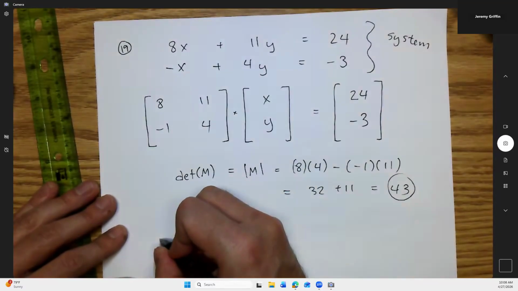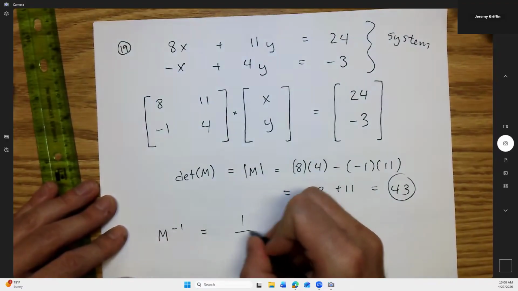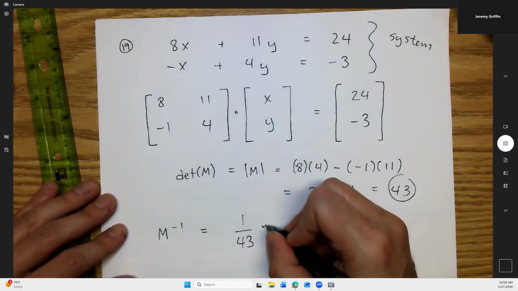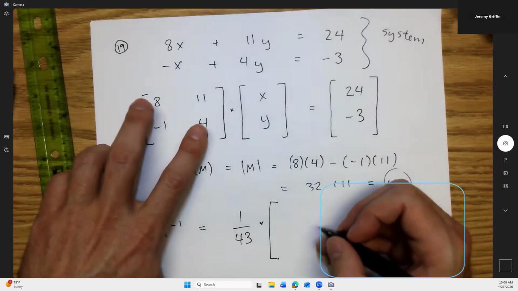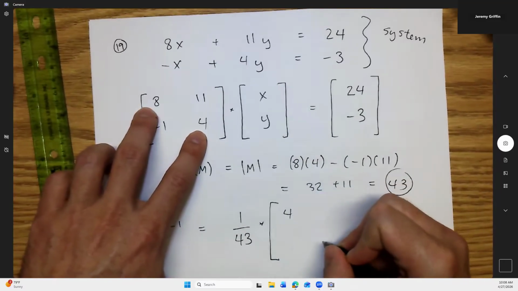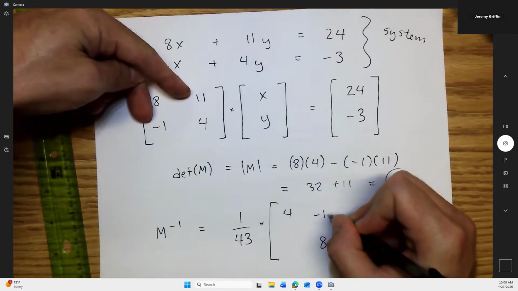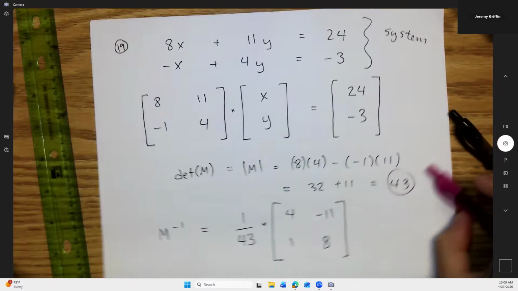And then the inverse matrix, therefore, would be 1 over the determinant, which is 43, times... And then I'm going to swap these two places, so the 4 and the 8 swap places. And these two numbers become the negative values. So go like that.